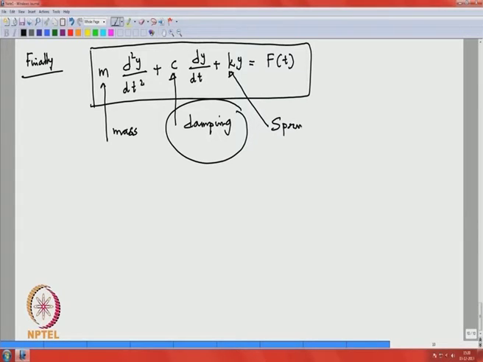So, whenever you create any mechanical system, you have to give enough damping, otherwise it will create oscillation. This is the spring constant, you see, it is a spring constant.